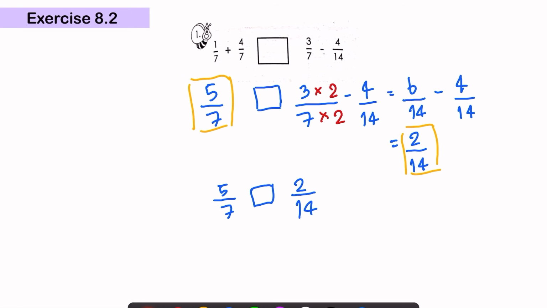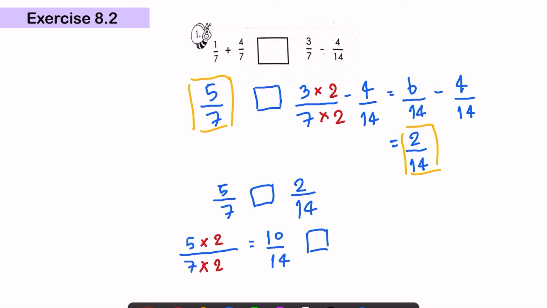So we have 7 and 14. How can I get 14 from 7? By multiplying. Yeah, I need to multiply 7 by 2, and multiply 5 by the same number. So from 5 over 7, we get 10 over 14.